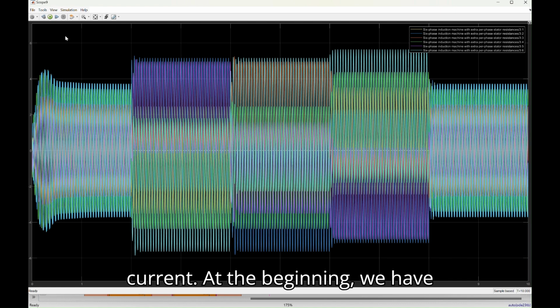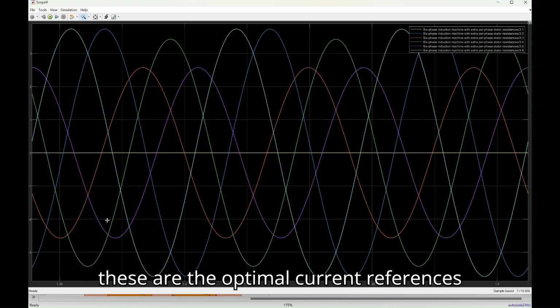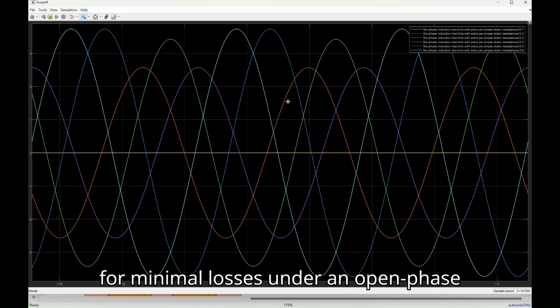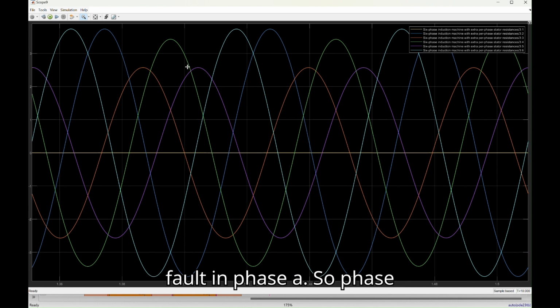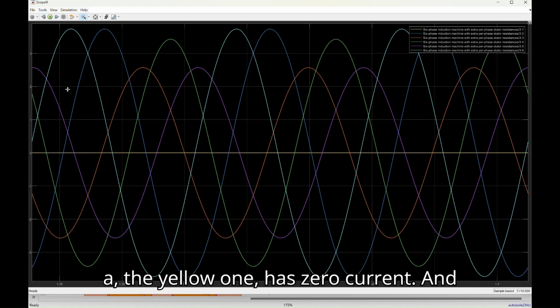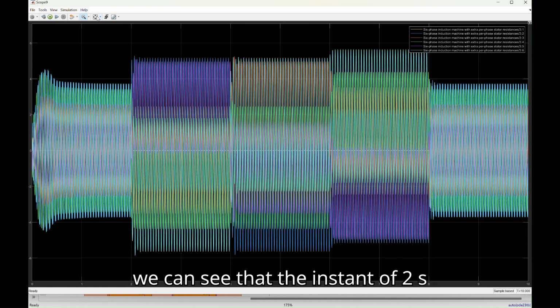At the beginning we have the imbalanced currents because these are the optimum current references for minimal losses under an open phase fault in phase A. So phase A, the yellow one, has zero current, and we can see that at the instant of 2 seconds, it starts to inject some DC signals. So peak values increase, but not too much.